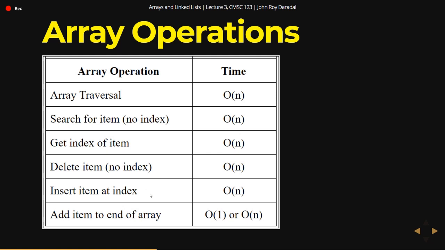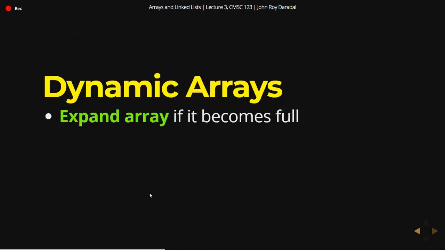And finally, if you want to add an item to the end of the array, if it's not yet full, it's just O of 1, right? Because you just simply update the item at the end of the array. However, if it's full, it will take O of n. Why is that? So arrays could be dynamic.